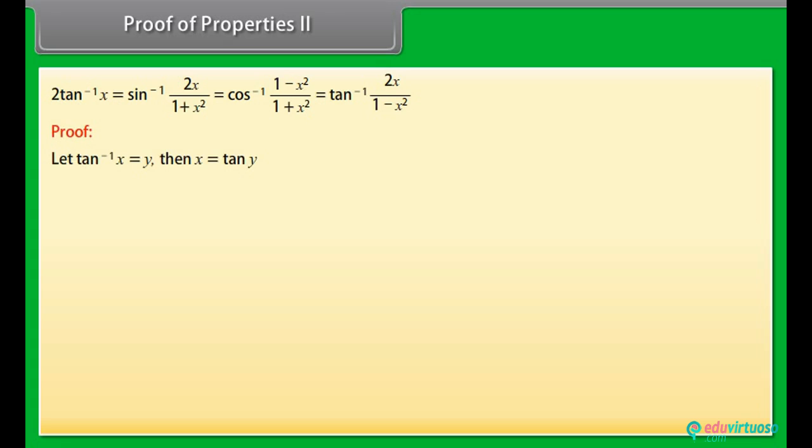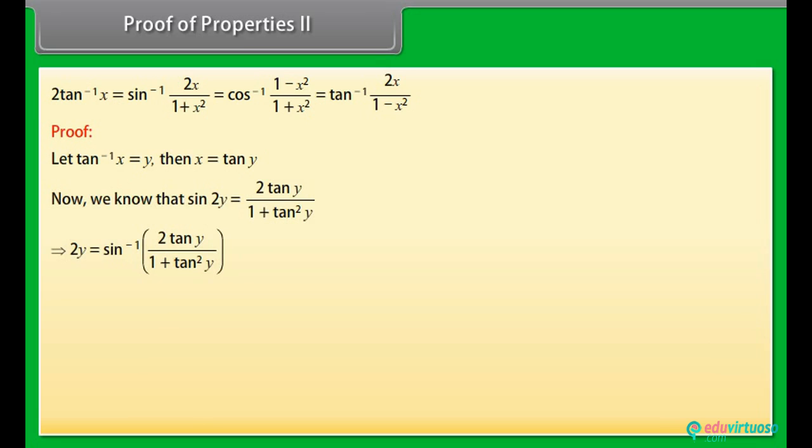Let tan inverse x be equal to y, then x is equal to tan y. Now, we know that sine 2y is equal to 2 tan y by 1 plus tan square y. It implies that 2y is equal to sine inverse 2 tan y by 1 plus tan square y.